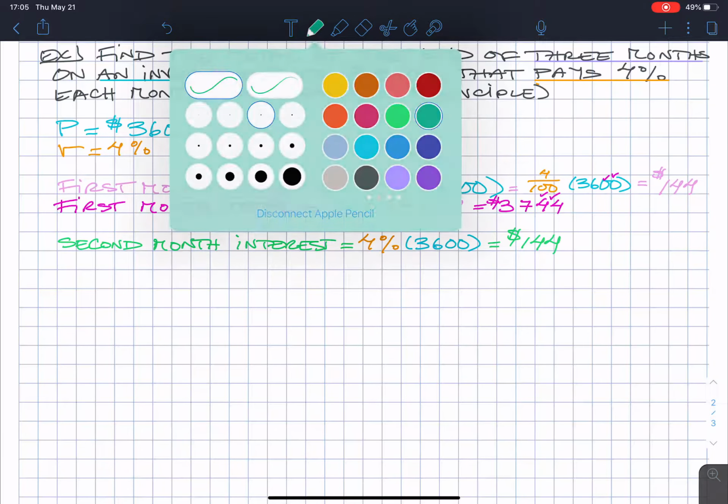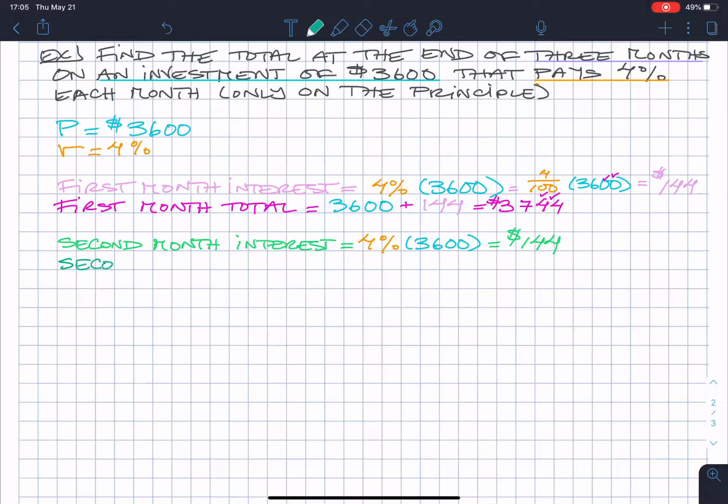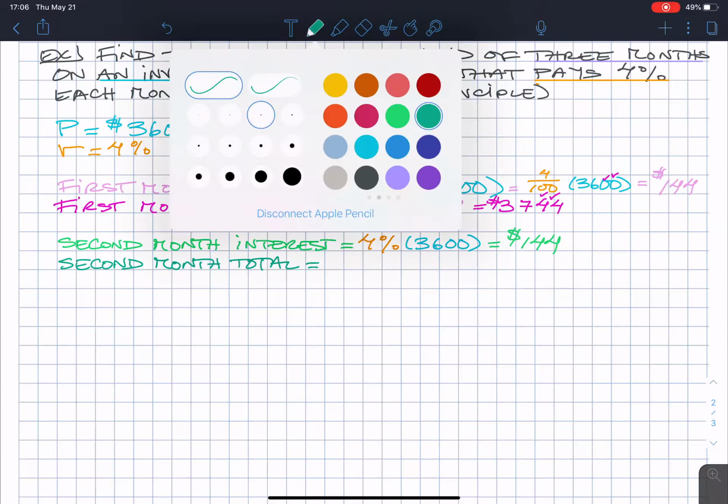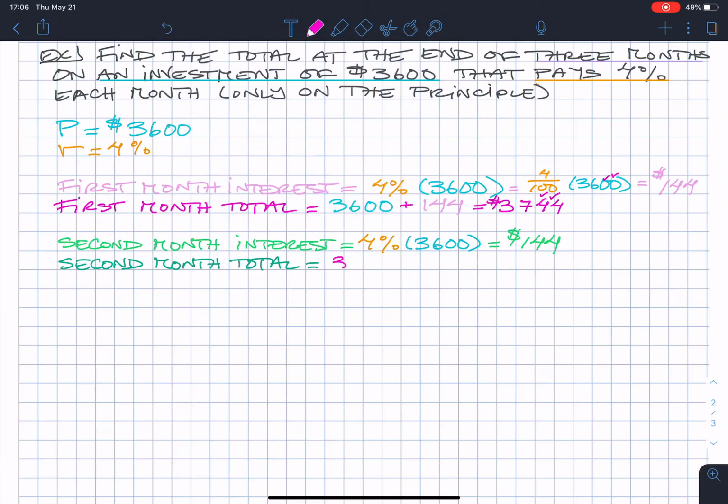Okay, so what is the second month total? Well, that's just going to be the first month total, which is $3,744, plus the interest, which is still $144. Doesn't change. So $3,744 plus $144 is $3,888. That's a nice number.